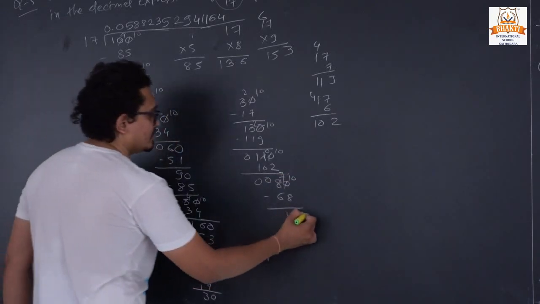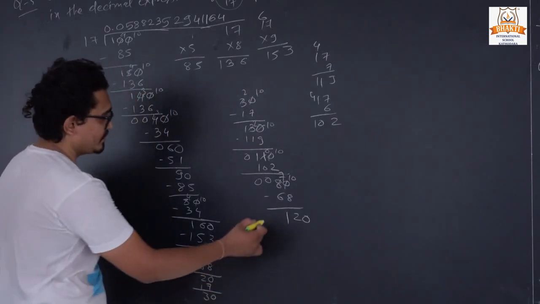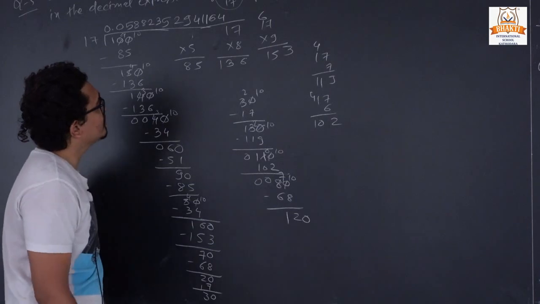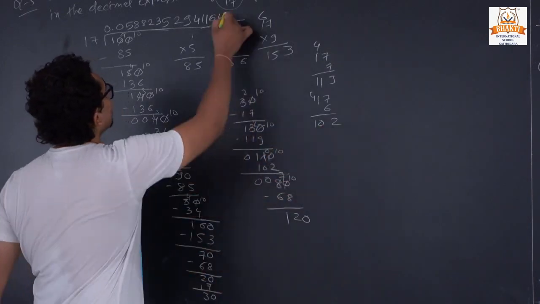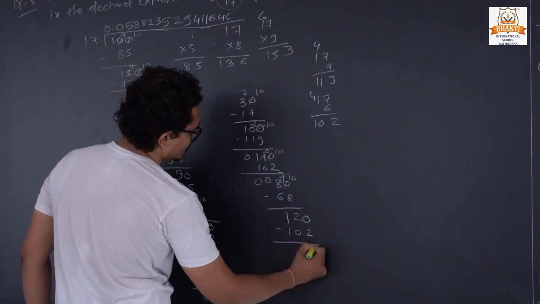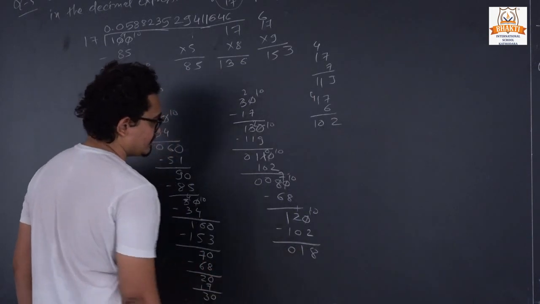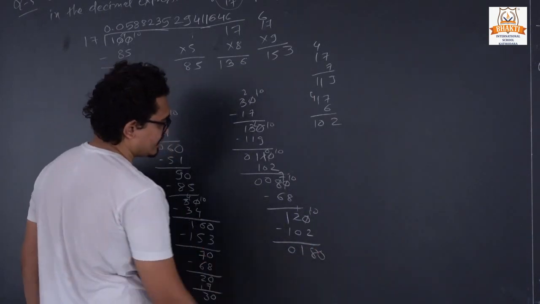112. Next, here once again we will put 0. So 120. So here we can start with 6. So it will be 102. So 10 minus 2 is 8, and here we have 1. So once again 18 is our remainder.